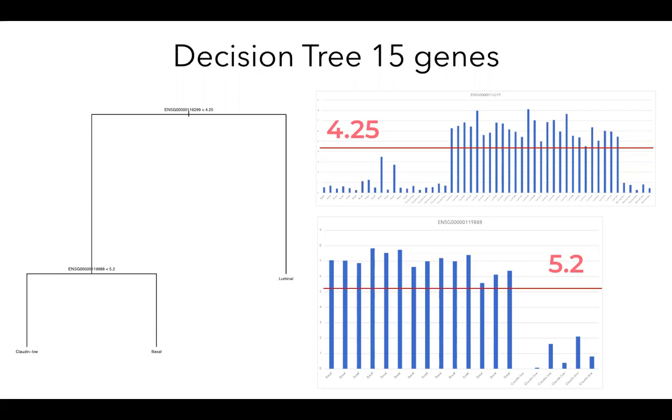In one gene it found that basal has a higher expression, above 5.2, and claudin low has a lower expression. So anything above 5.2 in that important gene is actually basal. Based on that rule, it again formed a tree.